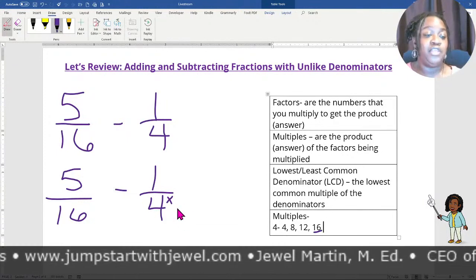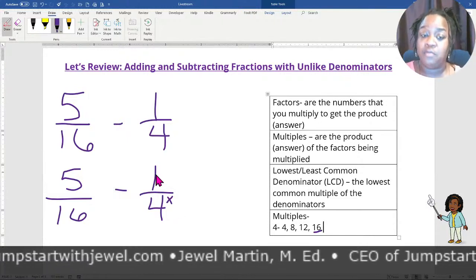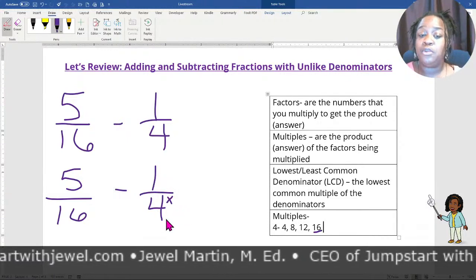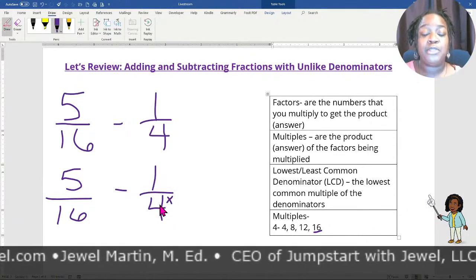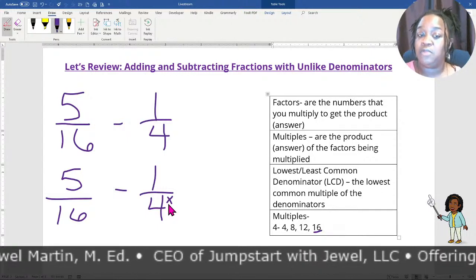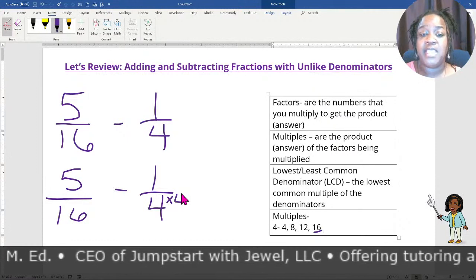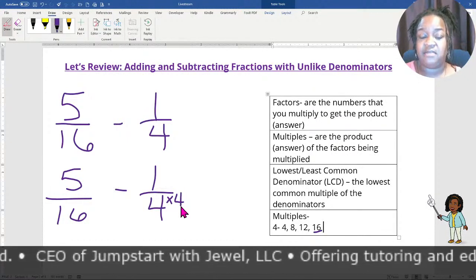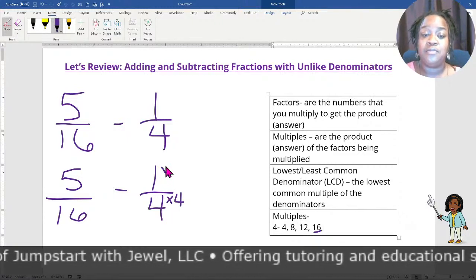And remember, whatever you do to the bottom, to the denominator, you do to the top, the numerator. That's how this works. If you know your multiplication facts, you would know what number to multiply 4 by to turn it into 16. You can multiply it by 4 because 4 times 4 is 16. So whatever you do to the denominator, you do to the numerator.